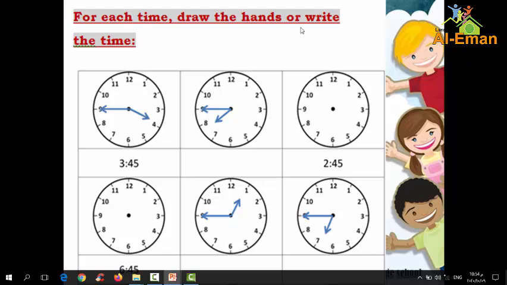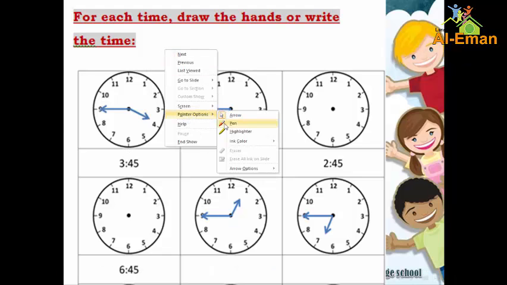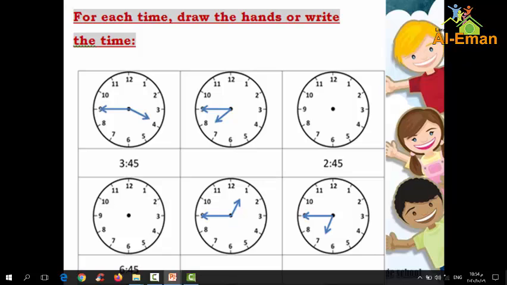Let's see. For each time, draw the hands or write the time. First one is done for you. Okay, short hand points to 4, but long hand points to 9. Okay, in hour we will write what?